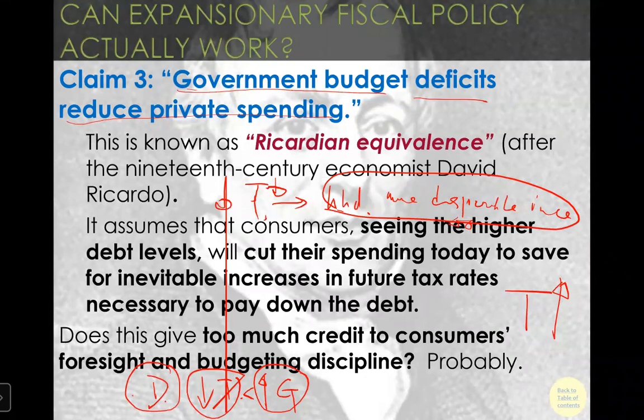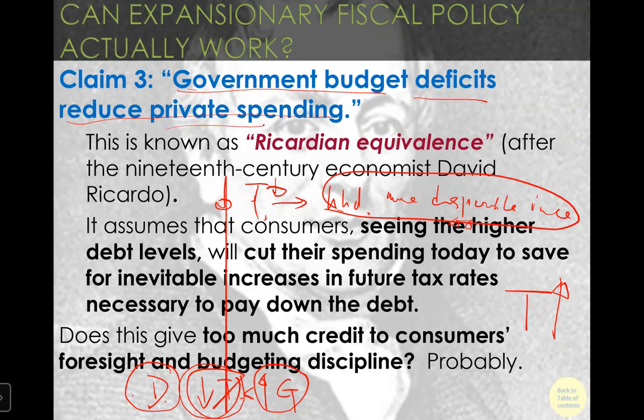If you look at the big picture, the credit card company is not giving you a free lunch. And the same here: the government is not going to give you a free lunch. They reduce the tax today, so they are going to increase your tax more substantially. So these just cancel each other out, right? That's Ricardian equivalence. And so, as a matter of fact, the deficit-financed tax cut won't increase private spending.